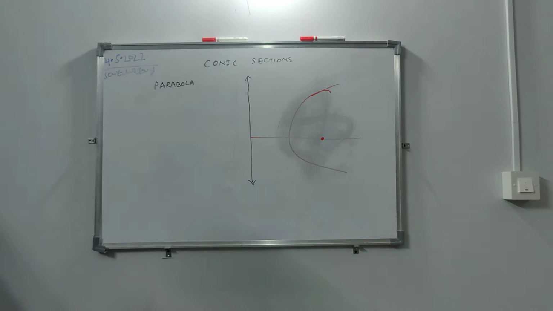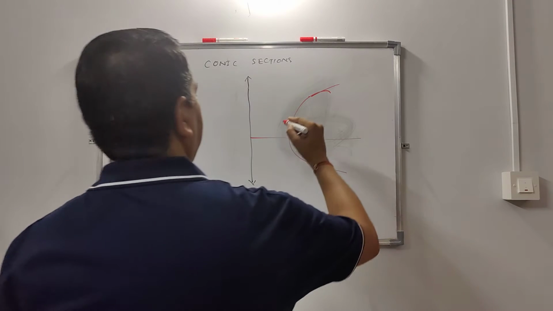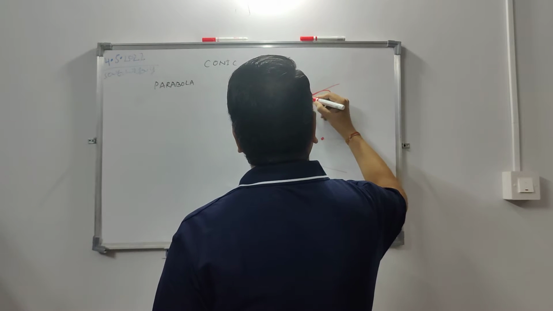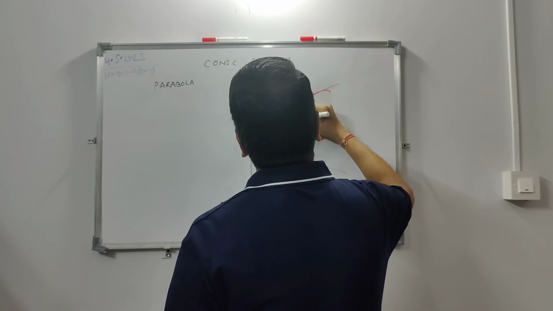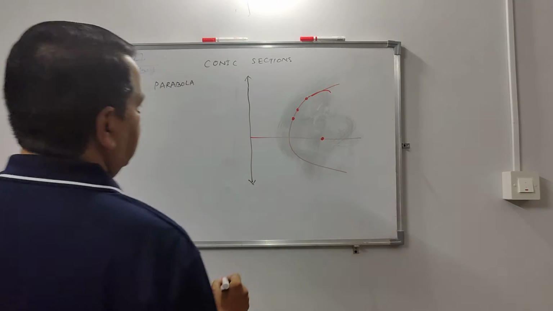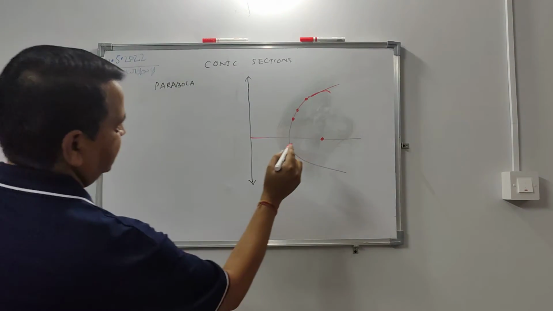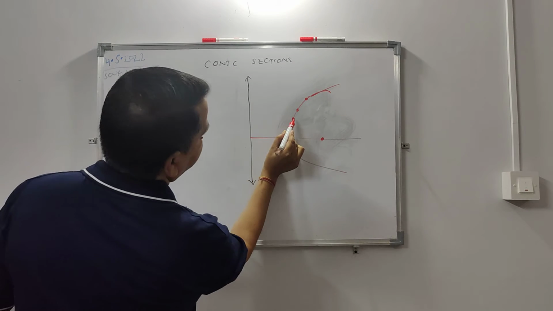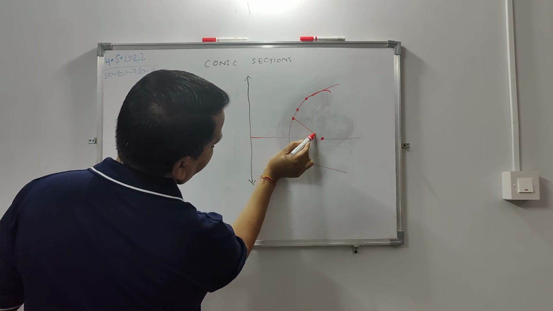Now I am telling it is a line passing through points. So let me say I have a point, this point, and I have this point, and let us say, this point. This point is called the focal point. So I am measuring distance from this focal point.